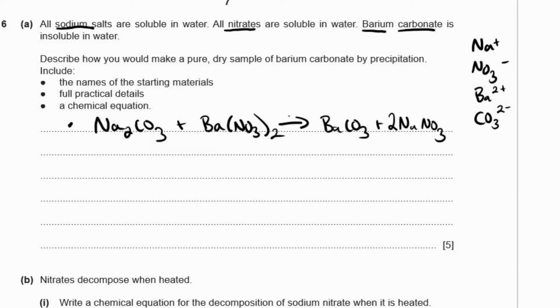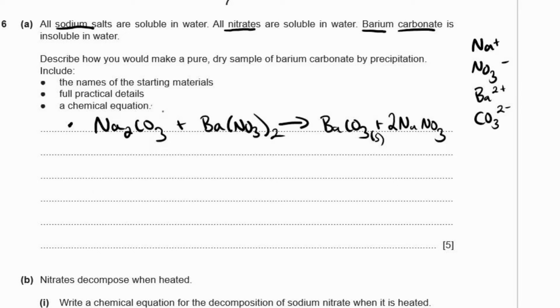We have 1 barium, 1 carbonate, and 1 carbonate. So that balances. That is the reaction it starts with. Because you want to end up with barium carbonate, you need a sodium salt, you need a nitrate, and that's it. So the barium carbonate, that is the solid precipitate. That's what you're looking for, because barium carbonate is insoluble in water.